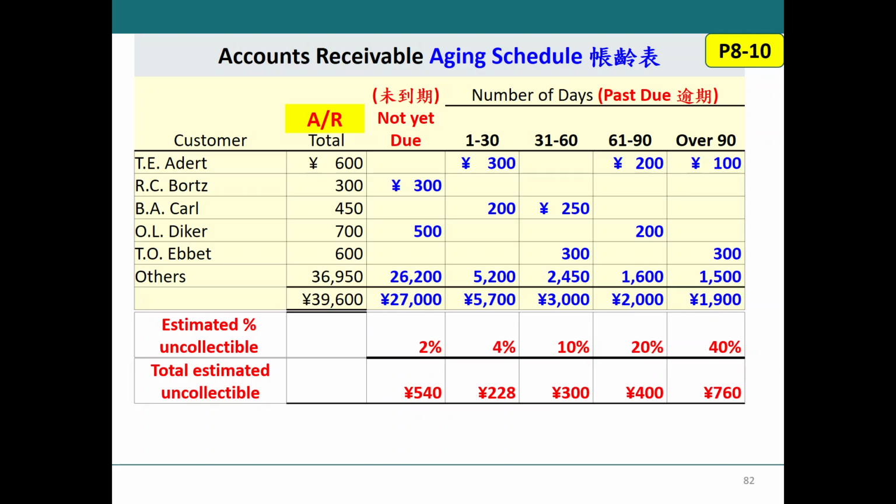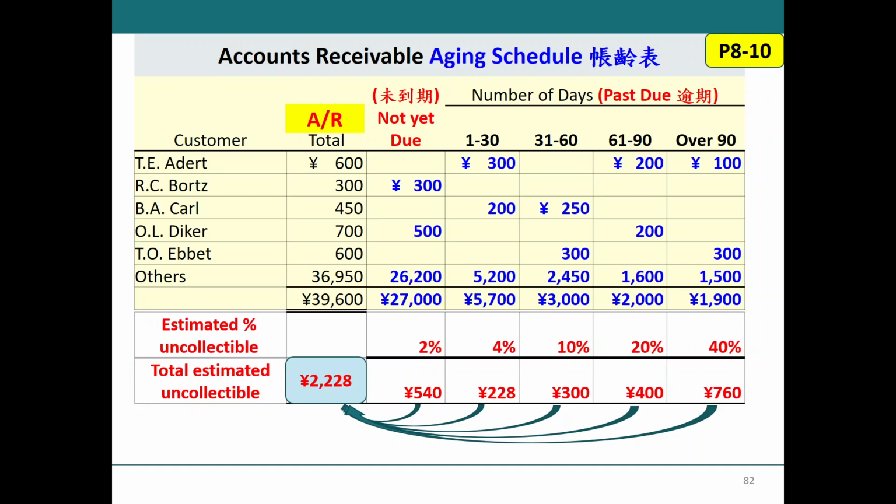Okay, and so on. After we get the amount for each age, what should we do? Add them up together, right? We add them up and get our total amount, our total risk. So this is our total accumulated loss that maybe we cannot get back in the future.